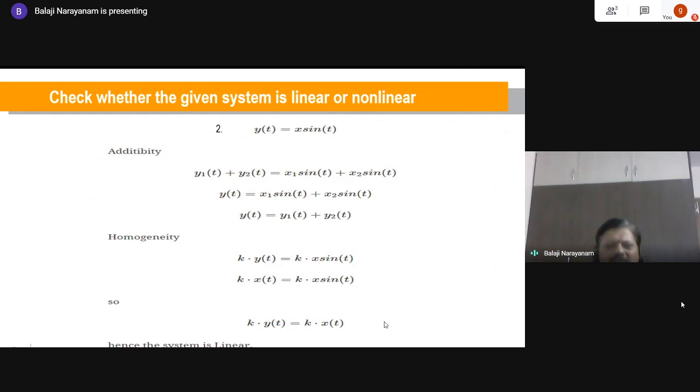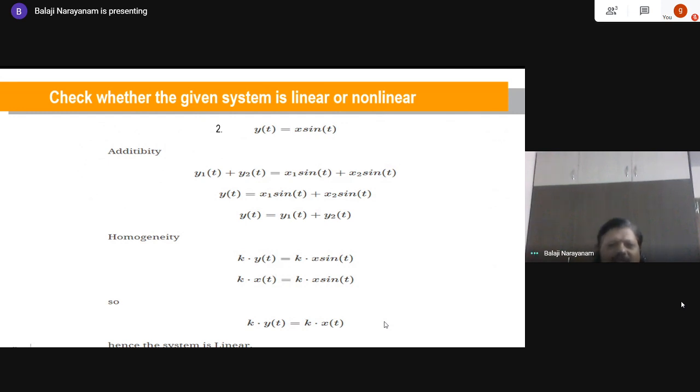So the additivity property: y1 of t is x1 sine t, and y2 of t is x2 sine t. Now y of t is x1 sine t plus x2 sine t, which is clearly y1 of t plus y2 of t. The additivity property got satisfied.